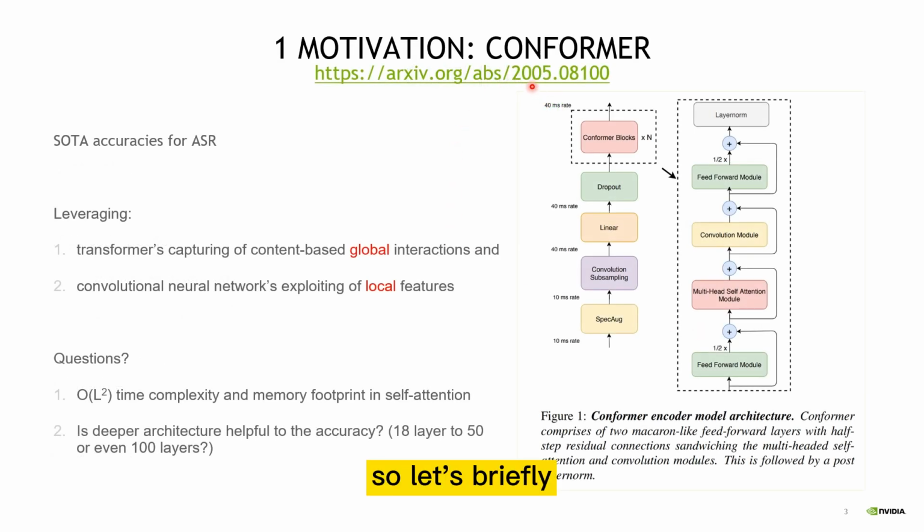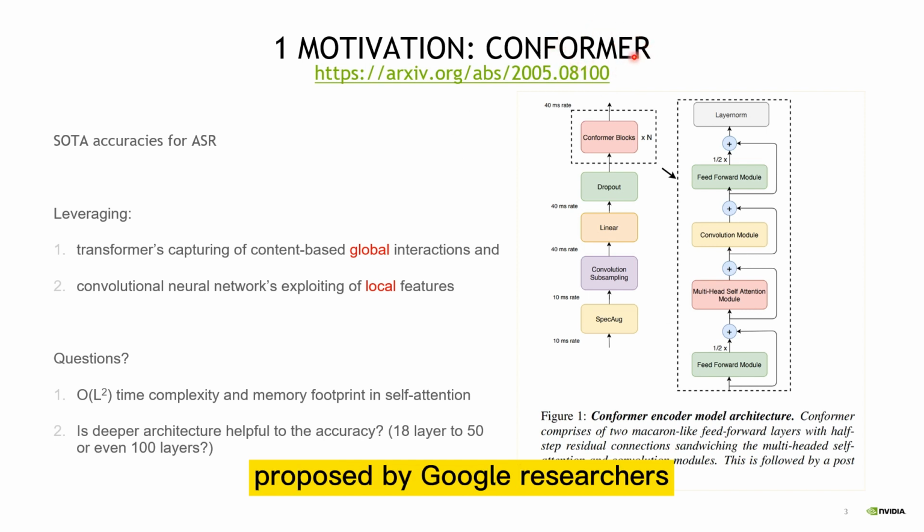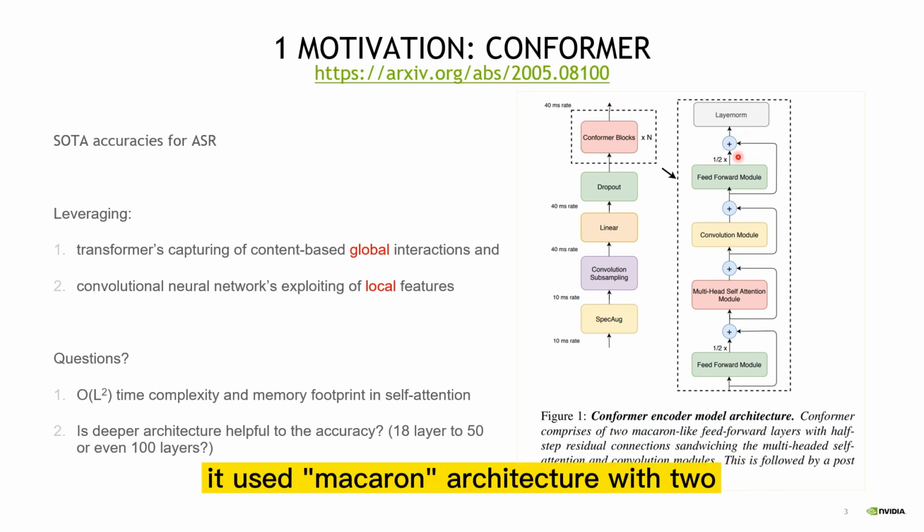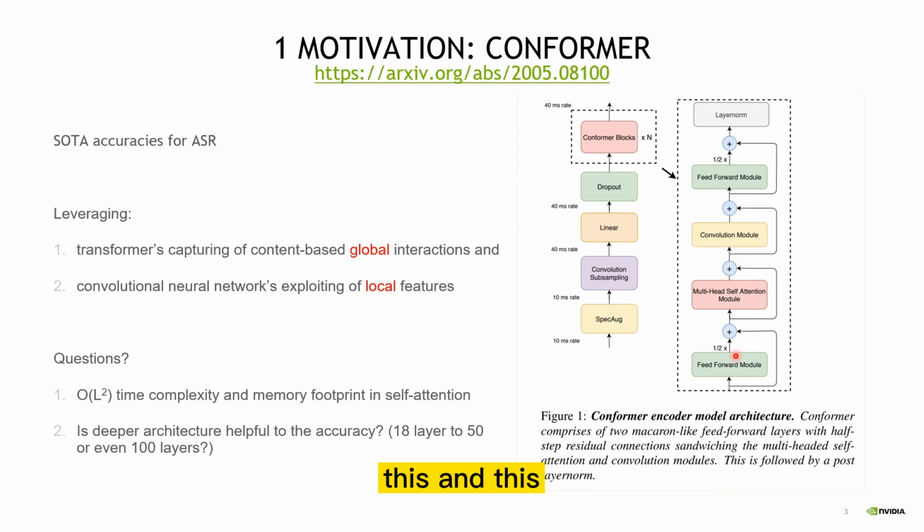So let's briefly recall the original conformer proposed by Google researchers 2 years before. The right-hand side figure is taken from this paper. It uses the Macaron architecture with 2 feed-forward modules, this and this.